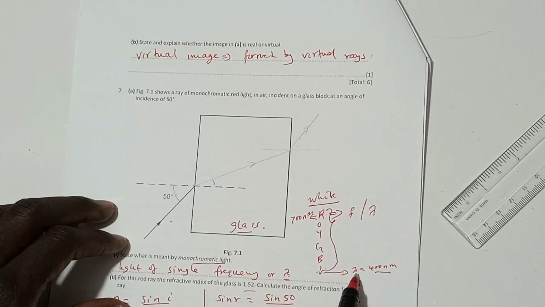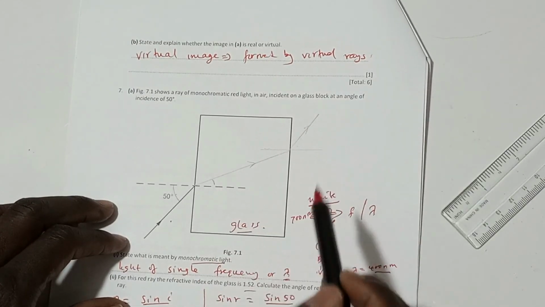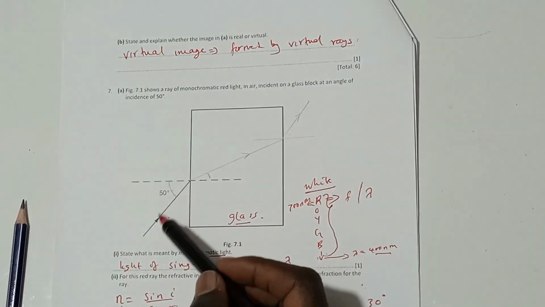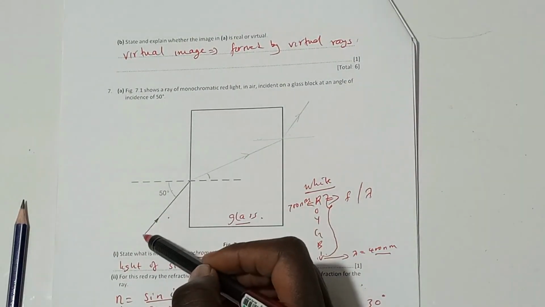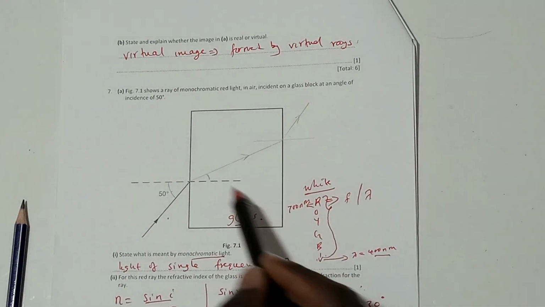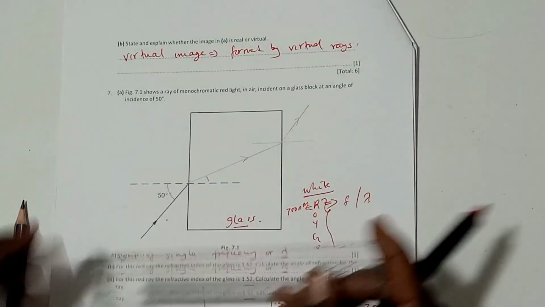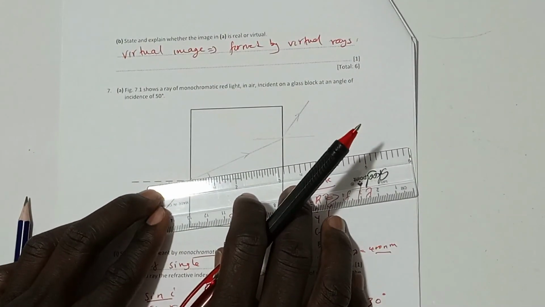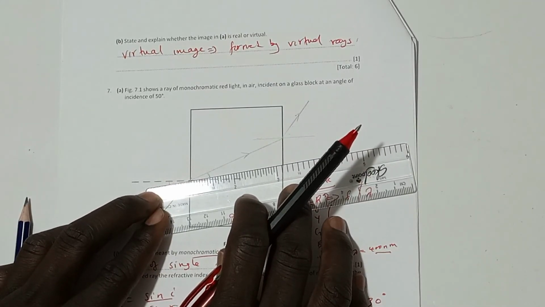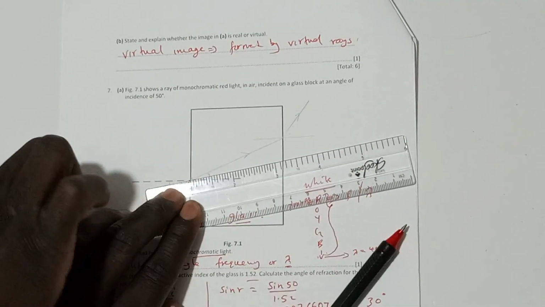So violet is refracted more than the red light. We are told that the violet will maintain the angle of incidence, but this glass is going to refract violet more than the red. So we expect something like this. It's just an approximation.